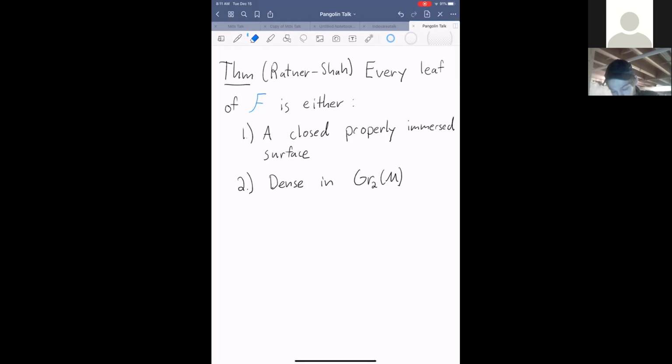Right, and so really this theorem is about how the leaves of F correspond to SL2R orbits for the action of SL2R on the frame bundle of M, where the isometry group of 3-dimensional hyperbolic space is just PSL2C.